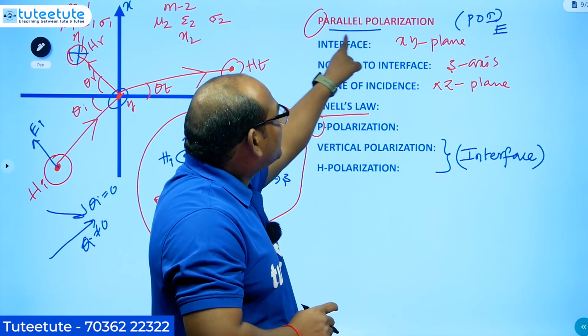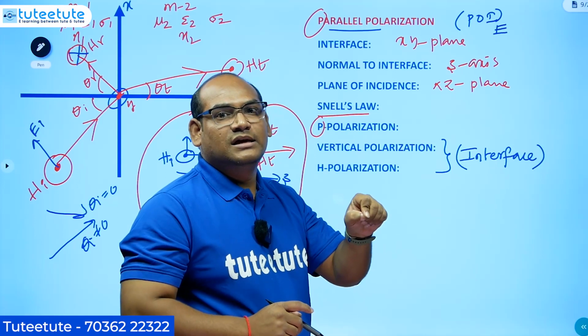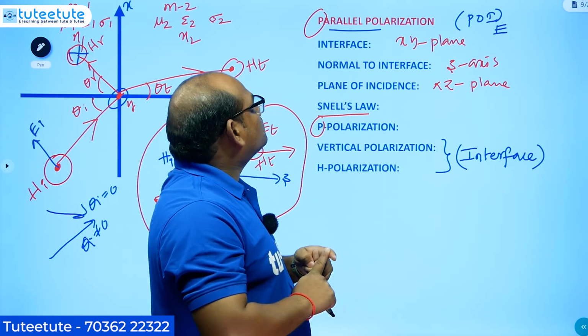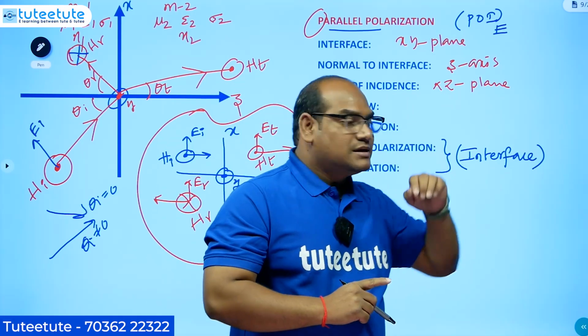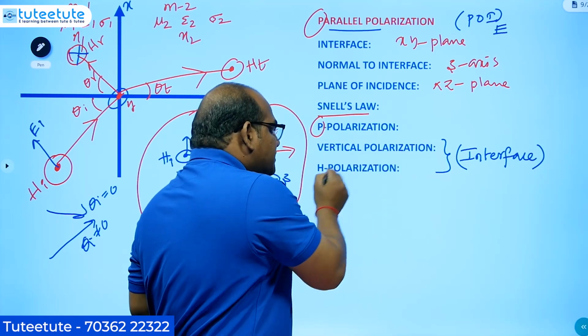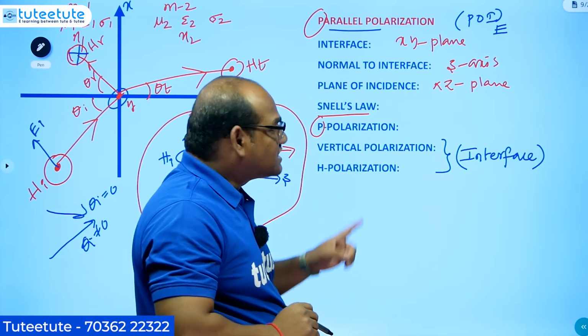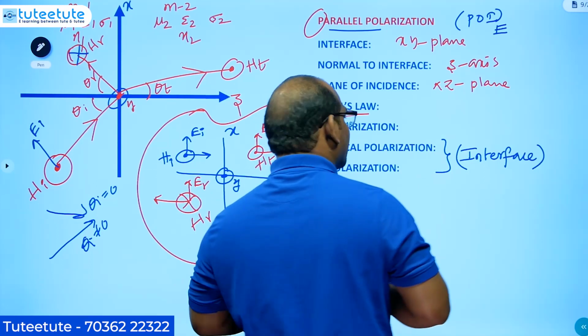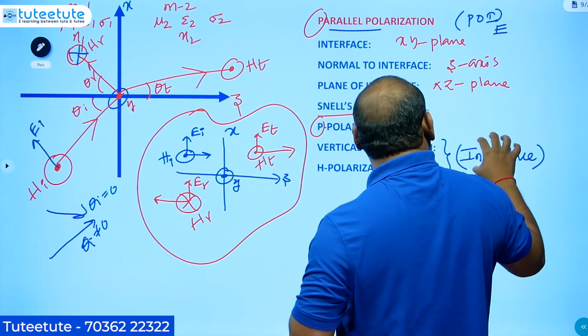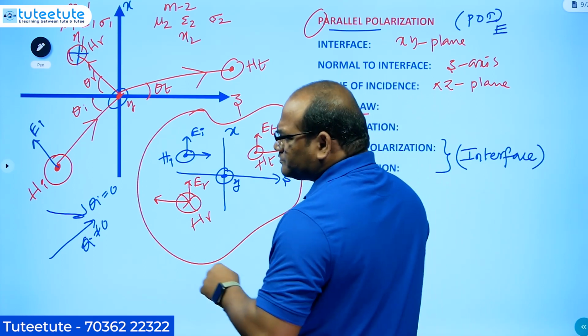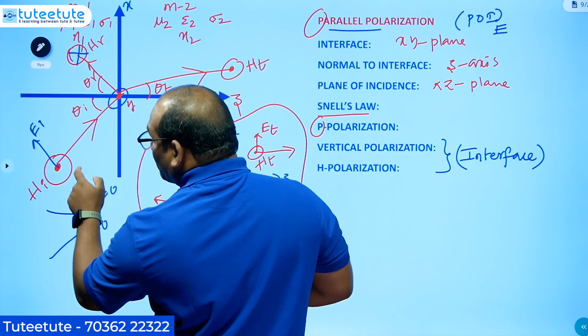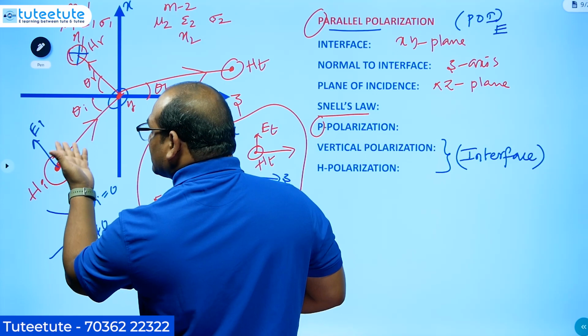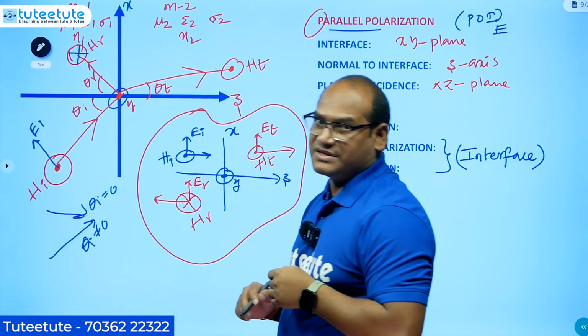This parallel polarization name was given according to the plane of incidence. Vertical polarization and H polarization are given with respect to the interface. Now you see how we have given this. With respect to the interface, one component of the electric field is perpendicular to the interface.